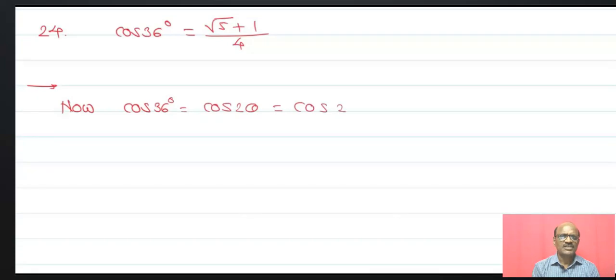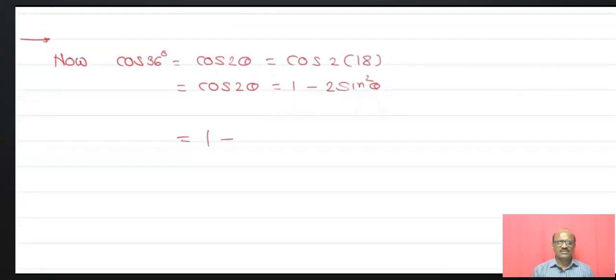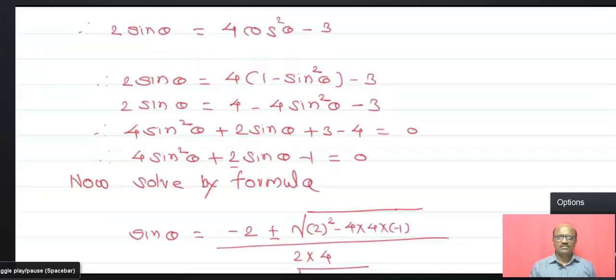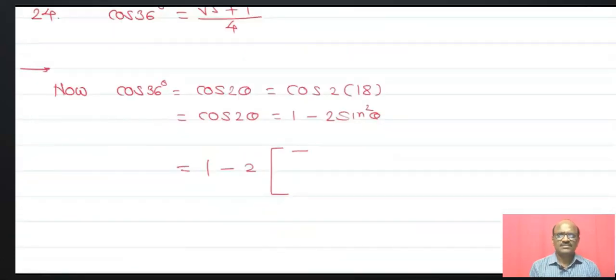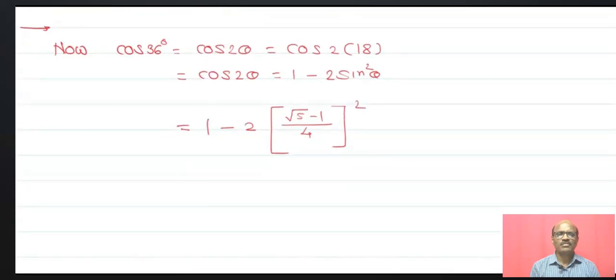That is cos 36 is equal to cos of 2 times 18 degree, and that is cos of 2 times theta, which is equal to 1 minus 2 sin square theta. That is equal to 1 minus 2 times root of 5 minus 1 upon 4, bracket square.